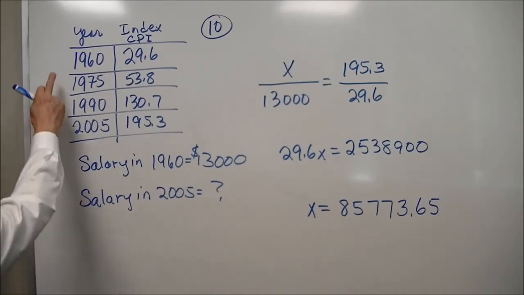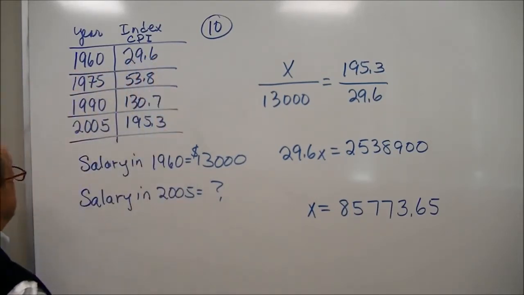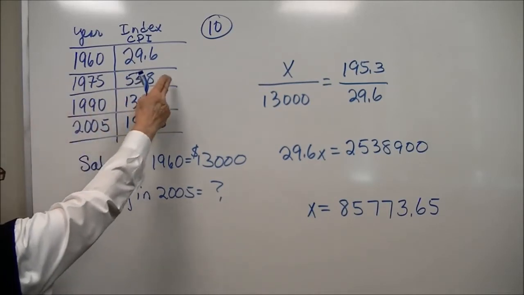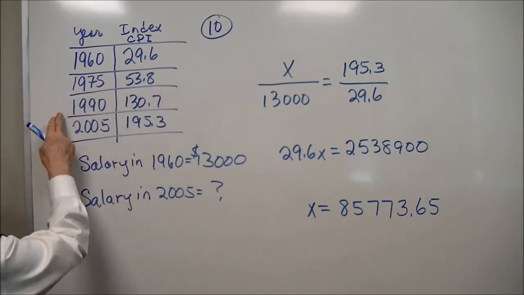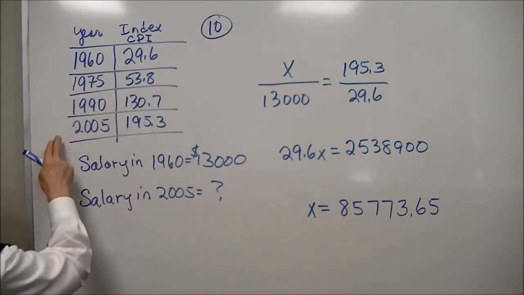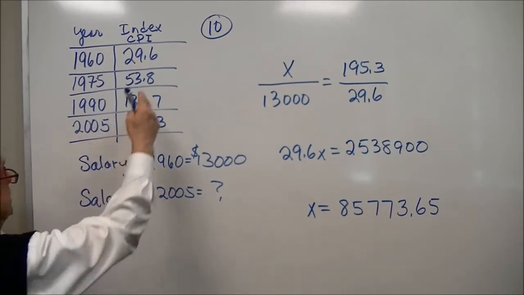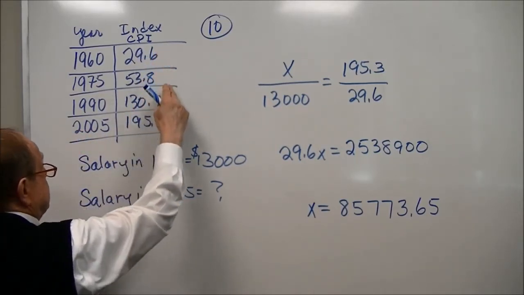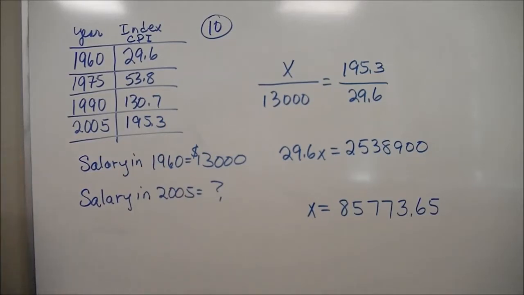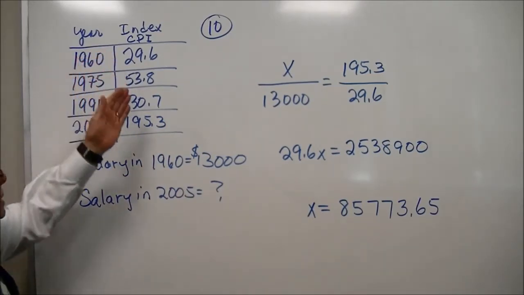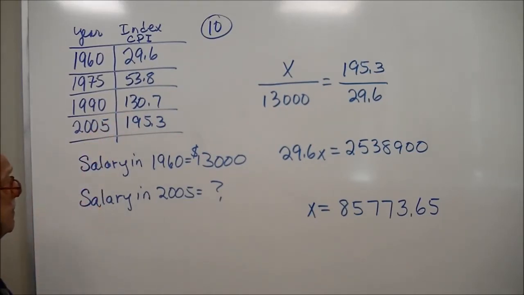And in 1960 it was this, and in 1975 it was this, 1990 and then 2005. And you see the Consumer Price Index increases as time goes on. Well, this could be used to make comparisons.